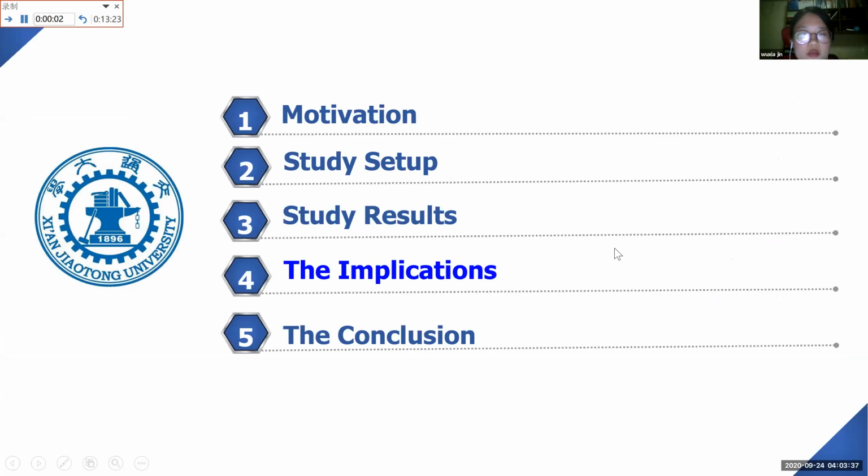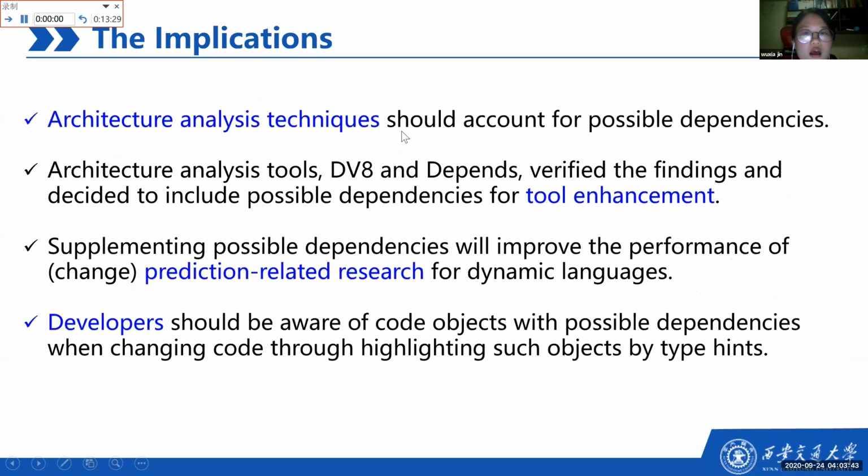Our empirical study results suggest some implications. First, our results show that possible dependencies have a substantial impact on software architecture structure and maintainability. So we indicate that architecture analysis techniques should account for possible dependencies.